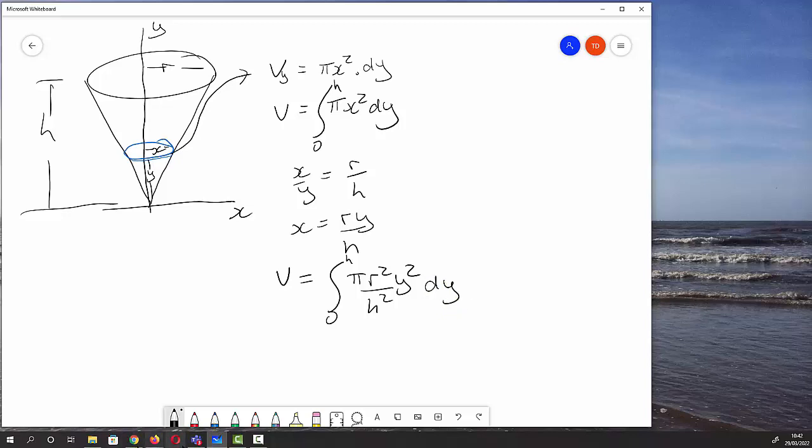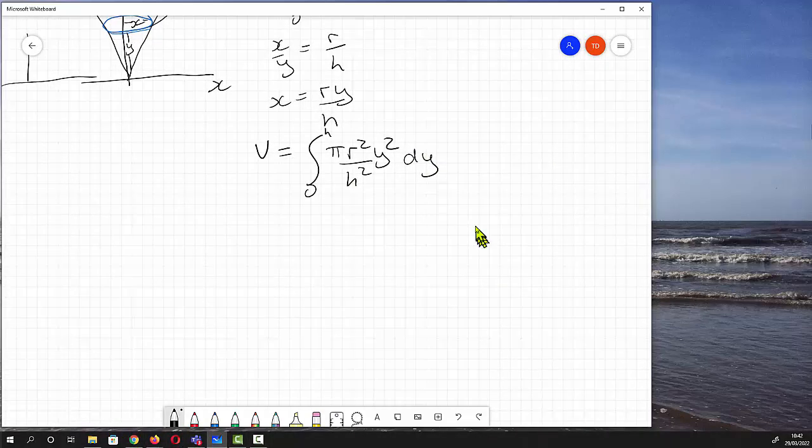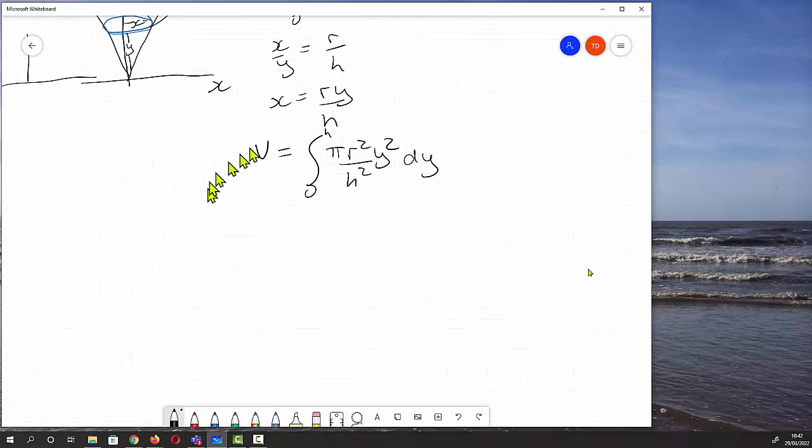Now I'm going to integrate that, and that's going to give me pi r squared over h squared, they're all constants, outside, times y cubed over 3, from 0 to h. You see I've got a y squared there, so I raise the power by 1 to get y cubed, and then I divide by the new power. That's what we've been doing all along.